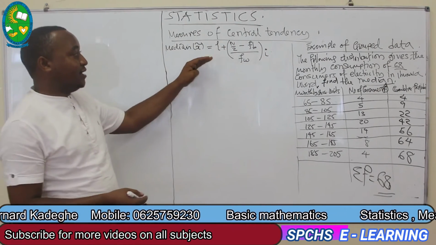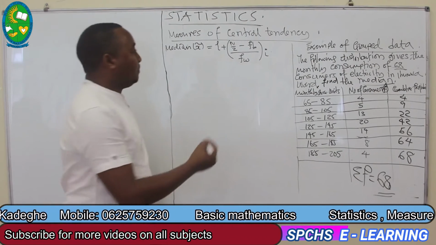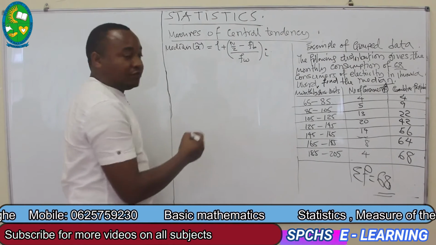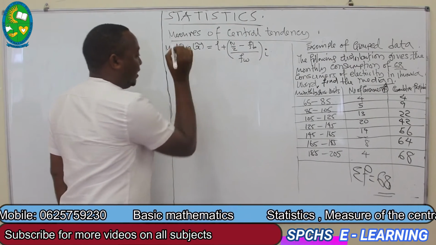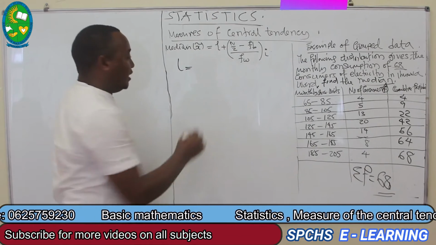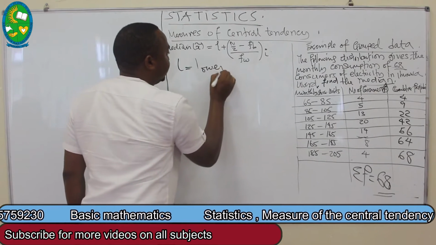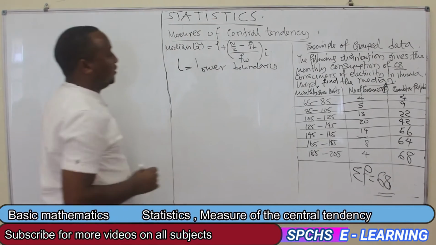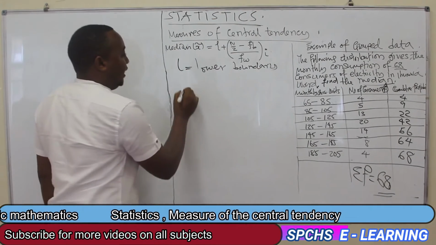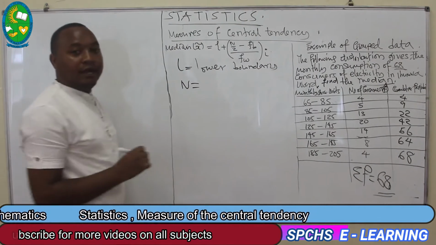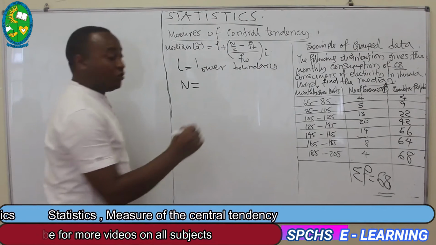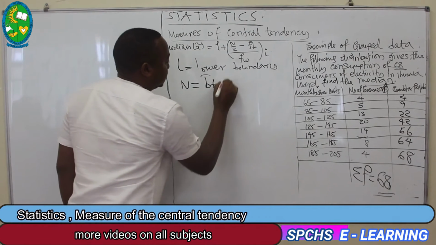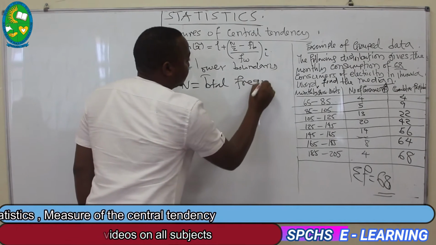Let's give the analysis of this formula, starting with the L. L is the lower boundary. And this one, n, is the total frequency.